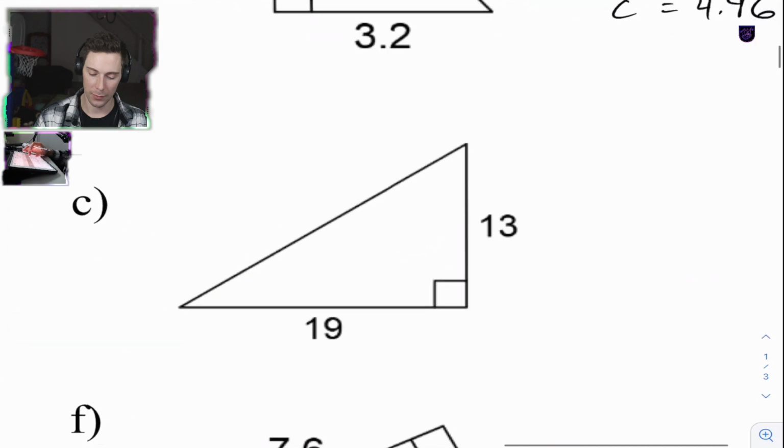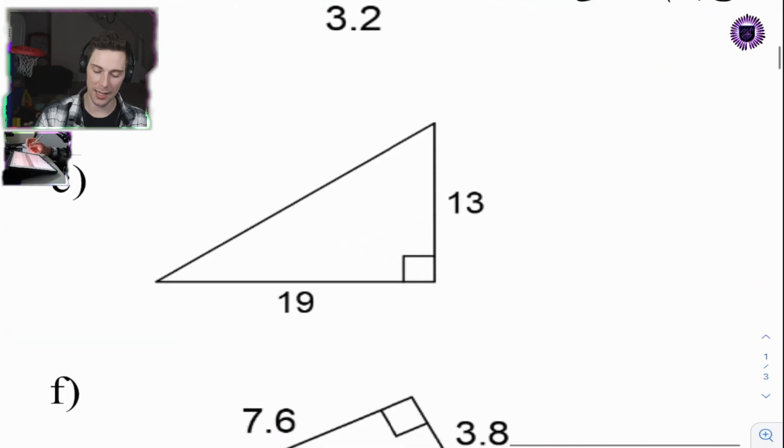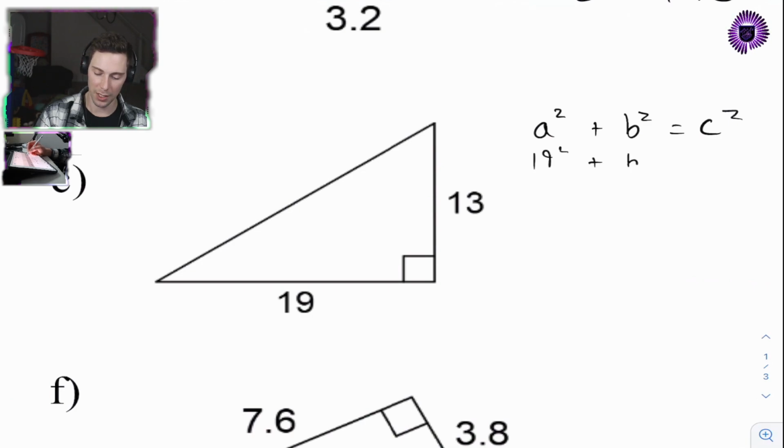Okay. 1, 2, C. Ooh, some bigger numbers now. More calculator coming on. a squared plus b squared equals c squared. So let's say a is 19 squared plus b is 13 squared. 19 squared is 361 plus 169 equals c squared.